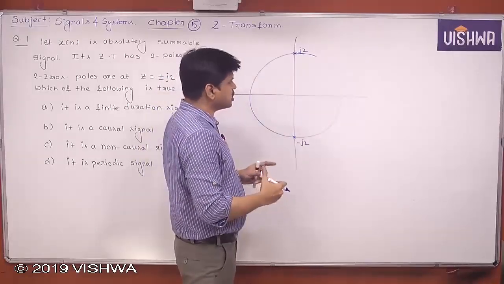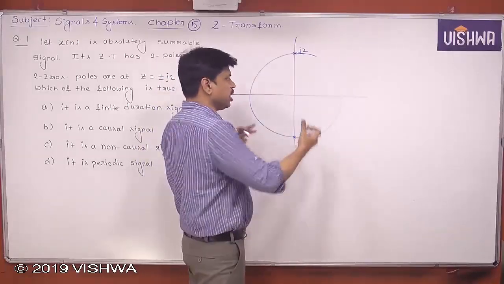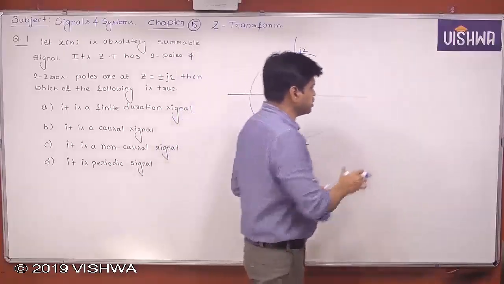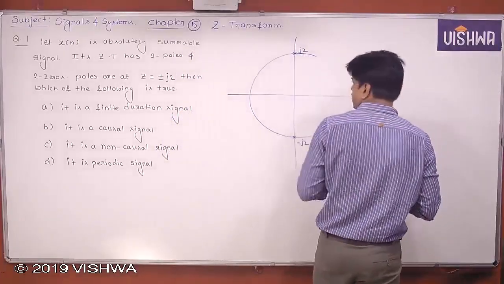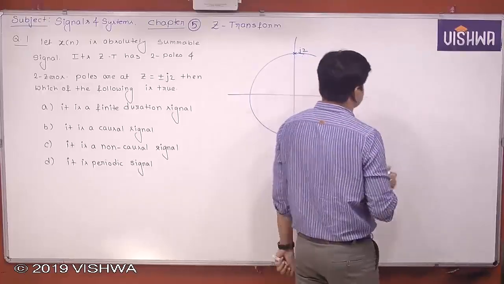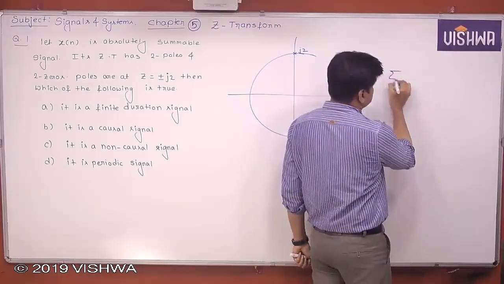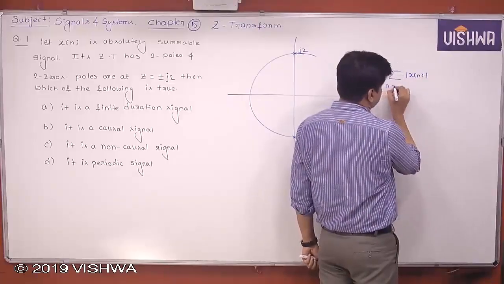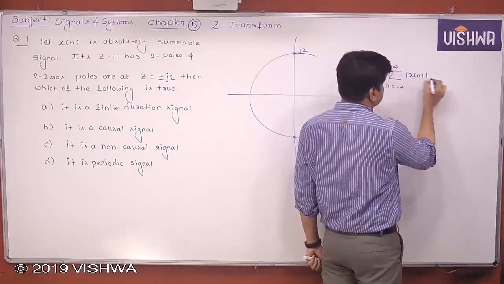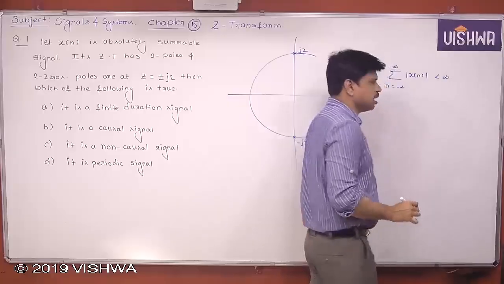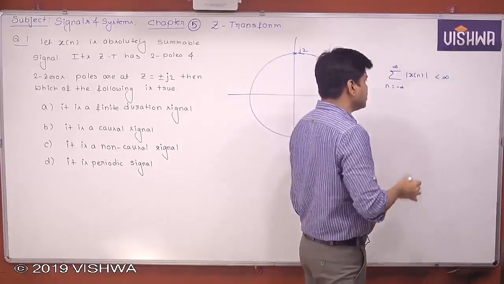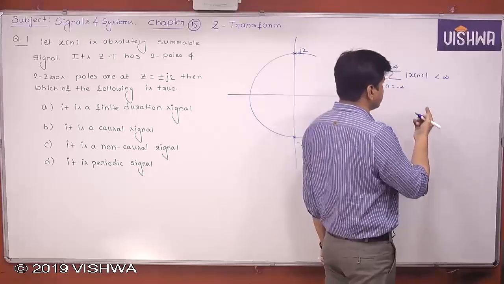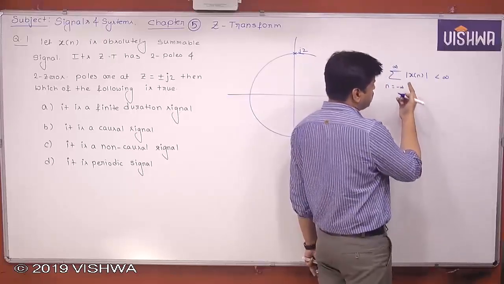Now a single circle means we may have two ROCs, maybe outside, maybe inside. Which ROC do we have to consider? They have given one clue there: absolutely summable. That means the summation of mod x of n from minus infinity to infinity is less than infinity. It is a condition for DTFT convergence, or we can say a condition for a stable system.